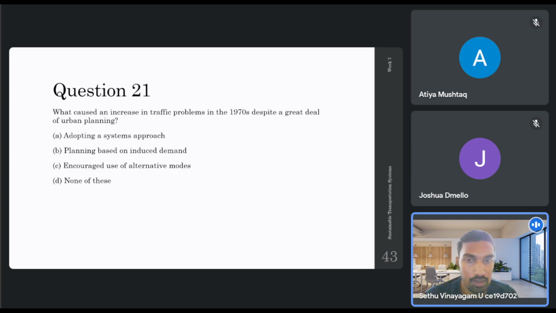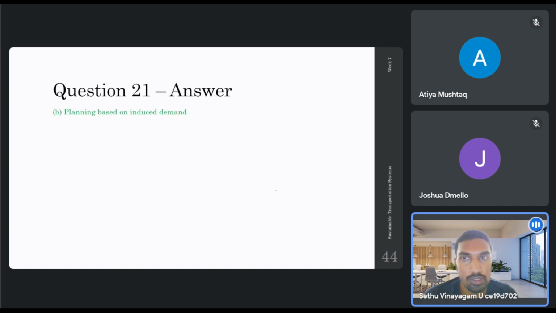Okay, so the right option is actually option B. It is doing planning based on induced demand.